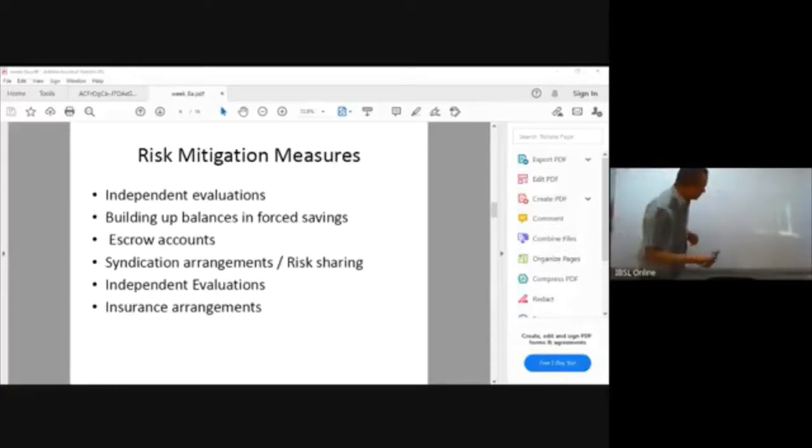Say you are giving a housing loan, right? 20 million housing loan. So year 1, end of year 2, year 3, year 4, year 5. Let us say you are giving for 5 years, right?